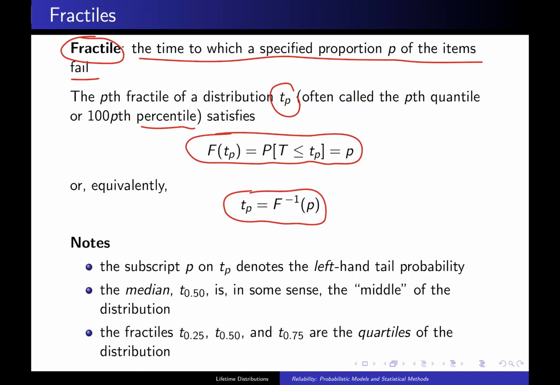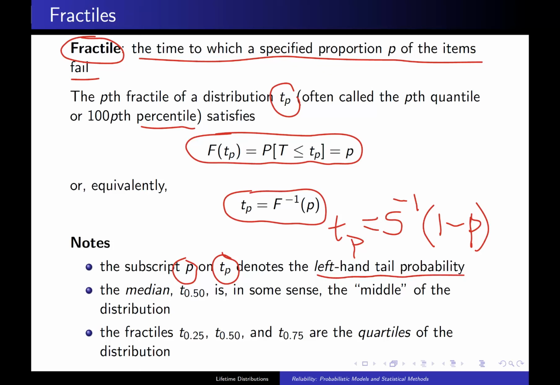This can also be written as t sub p is the inverse CDF evaluated at p. Now if you wanted to write this in terms of survivor functions, you could. T sub p can also be written as the inverse of the survivor function evaluated at 1 minus p. The p on t sub p denotes the left-hand tail probability.